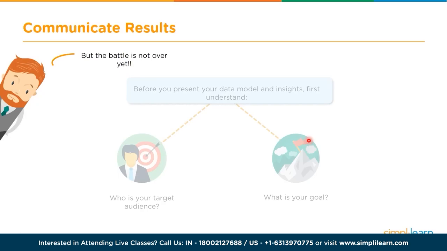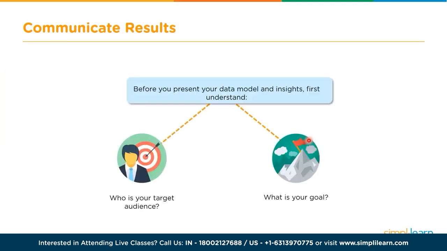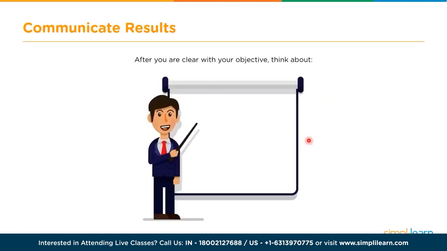And you need to find out who your target audience is and put all the results in context. If there was a problem statement, you need to put the results in the context of the problem statement. What was our initial goal that we wanted to achieve? Remember, we started off with what is the question and what is the data, and then what is the answer.